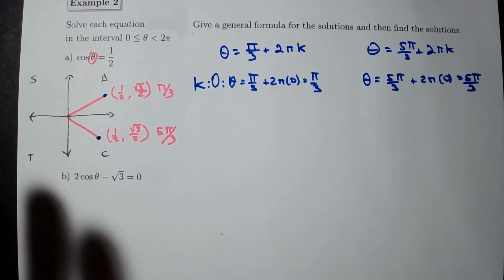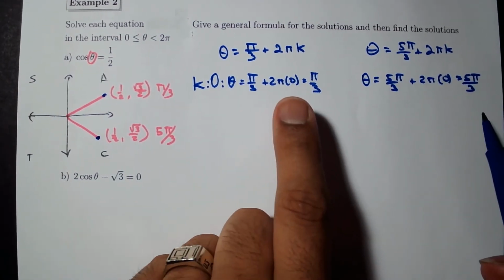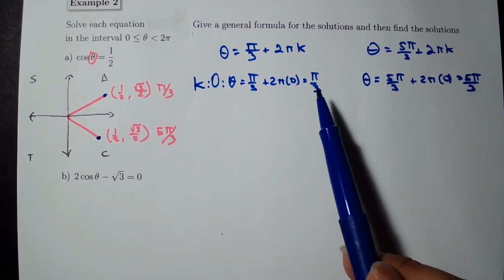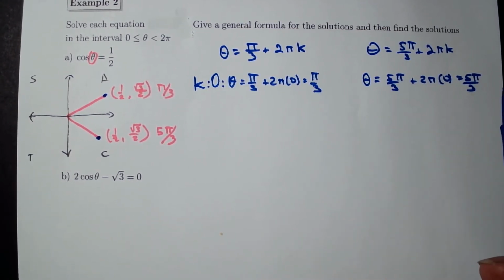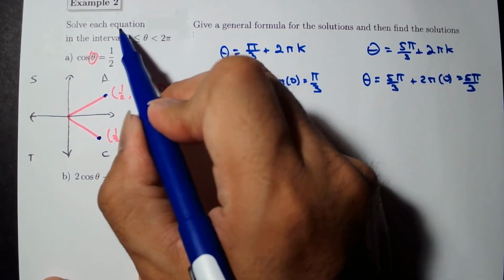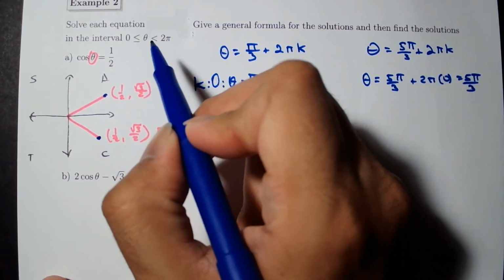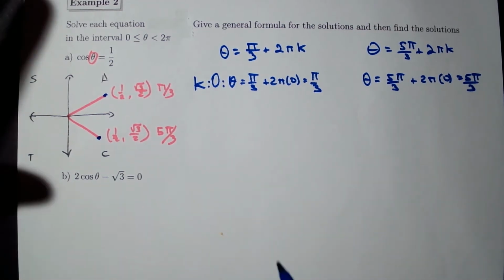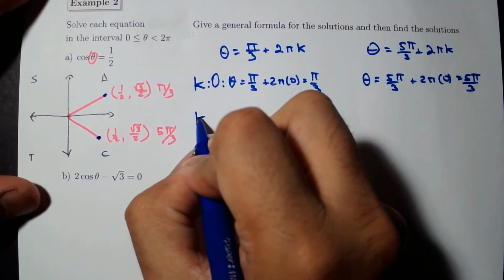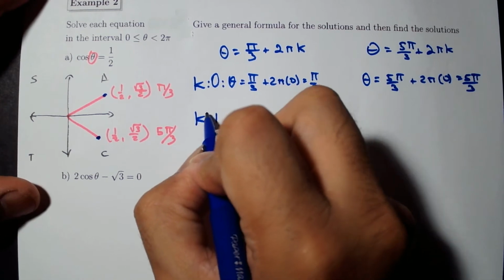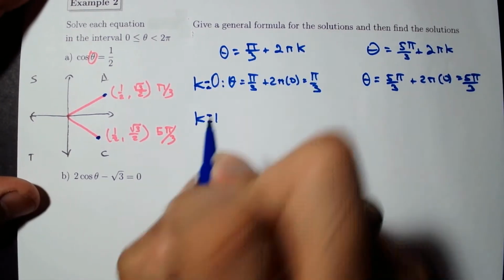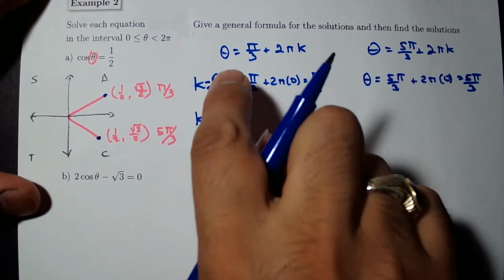Now, I could stop here and say that the two solutions are pi over 3 and 5 pi over 3, because ultimately what we want is all the solutions in the interval 0 to 2 pi. But you might want to verify, and we're going to do this exercise later in other equations where we would need to.